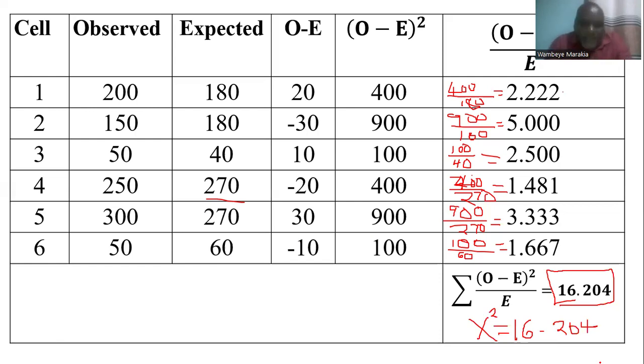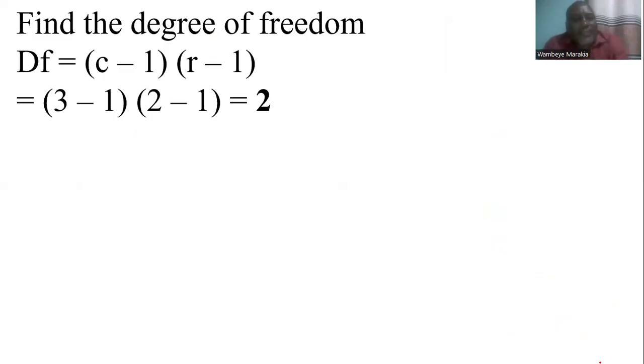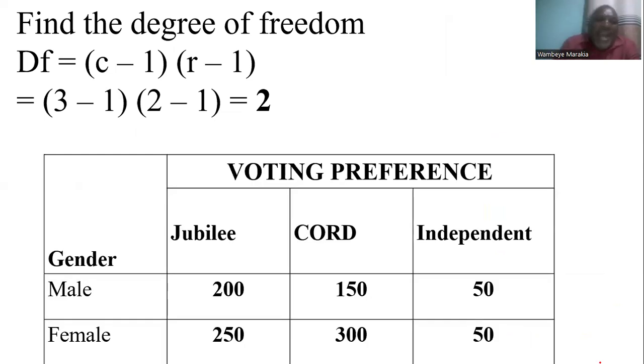We have not finished. We have to move on now and get our critical value from the tables. In order for us to get the critical value from the table, we have to calculate the degree of freedom. How many columns do we have? 1, 2, 3.